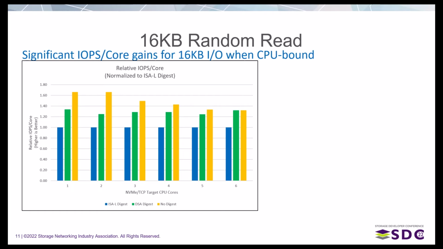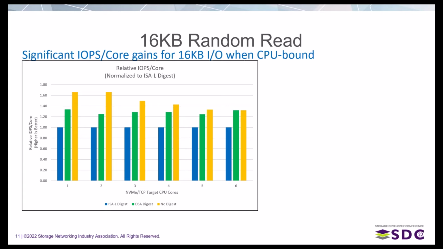So next, let's take a look at the relative IOPS per core performance numbers for the 16K random read workloads. Let's take a look at what happened as we increased the number of CPU cores that were being used by the target for this workload, and we also increased the queue depth at the target side to present more work at the target.